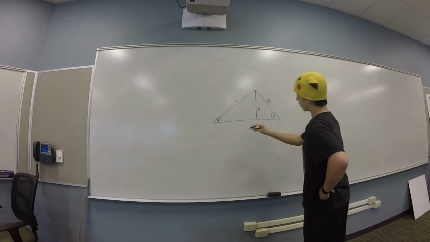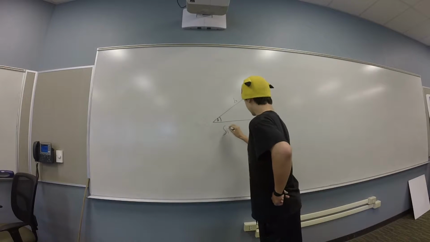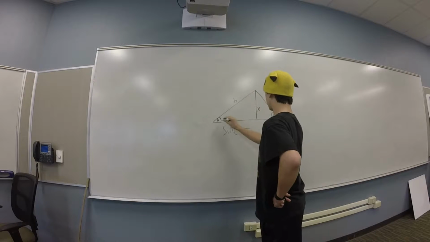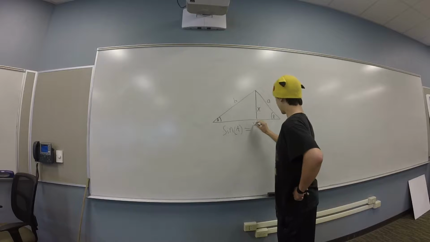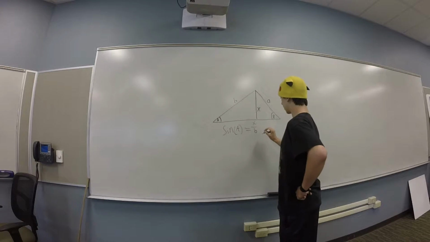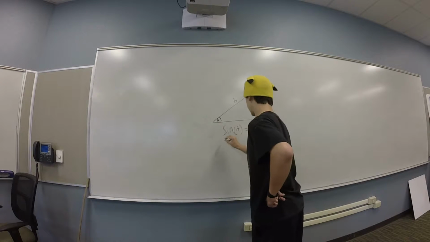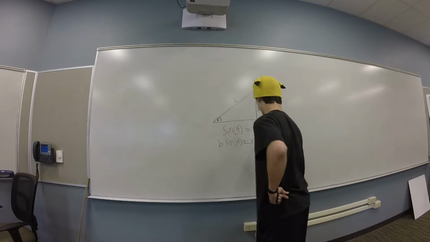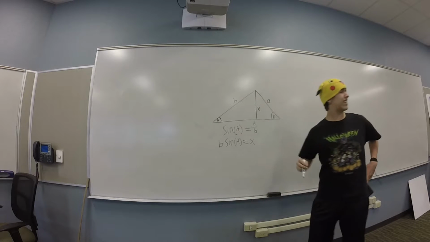Let's see, so the sine of angle A is equal to opposite over hypotenuse, x over b. And so you multiply both sides by b and you get x, which is b times the sine of A. Simple enough, right? But that's not the only way to get to x, is it?